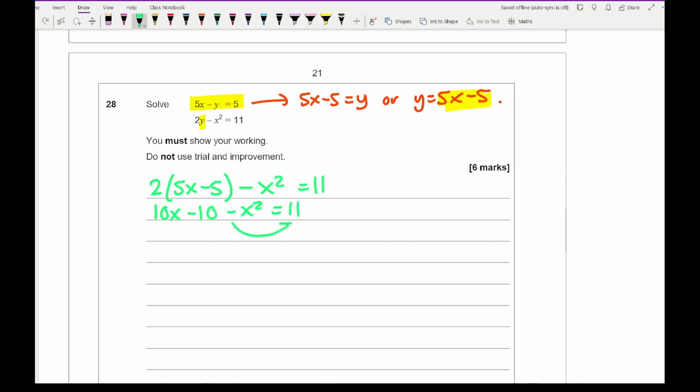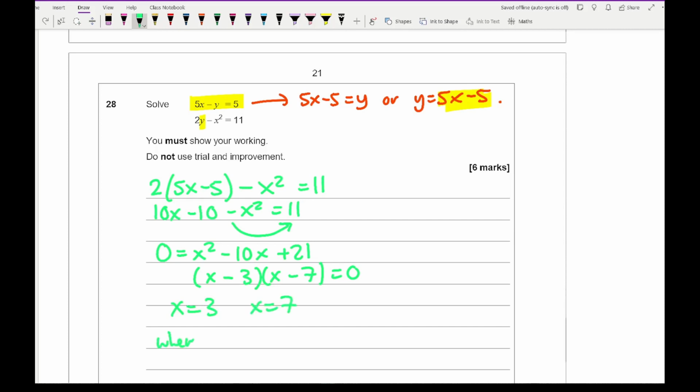Now if we move all of this over to the side to make it equal to 0, I get x squared, and then it'll be minus 10x and then plus 21. And then I can factorize this, hopefully. Yes, I can. So I've got x minus 3, x minus 7 equals 0. So here I've got the solutions of x equals 3 and x equals 7.